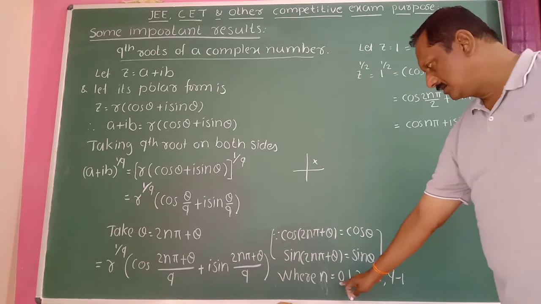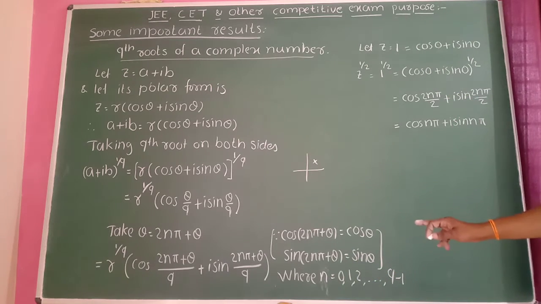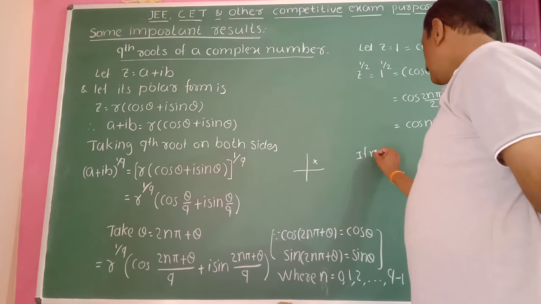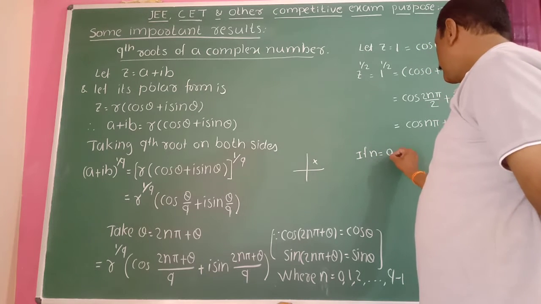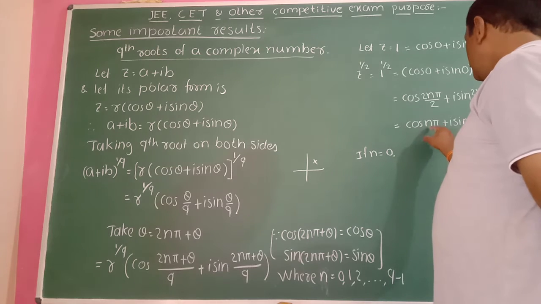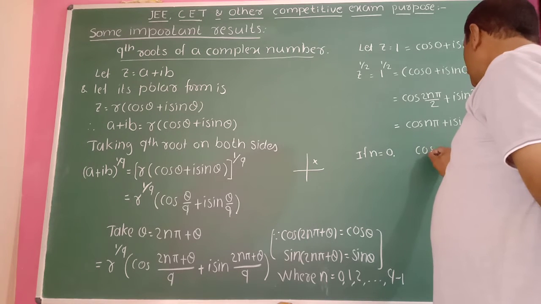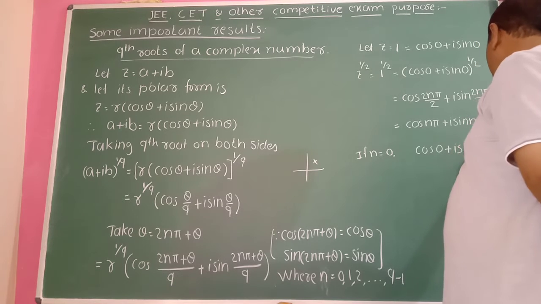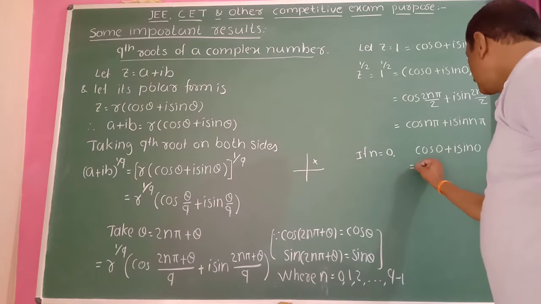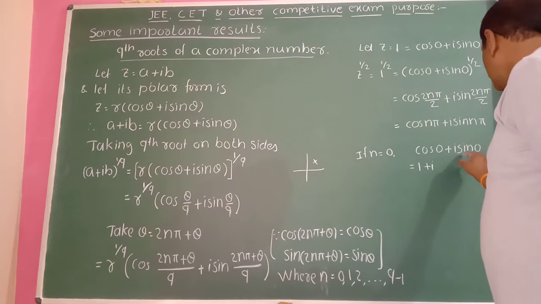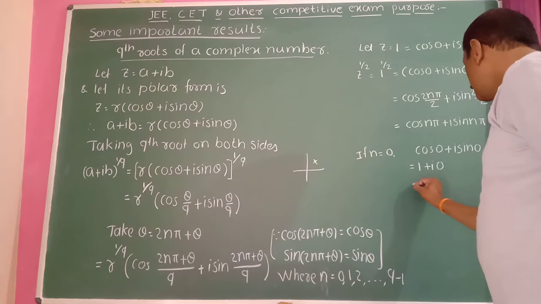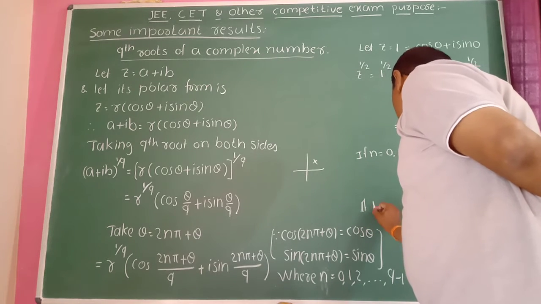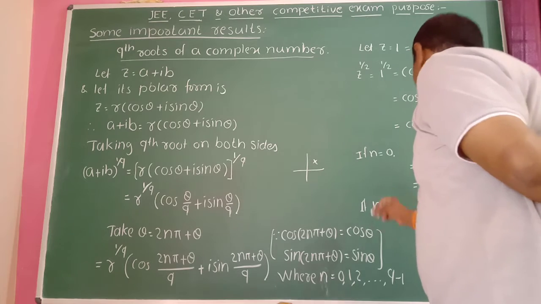According to this result, it has 2 roots, which means n equal to 0 or n equal to 1. So just take n equal to 0. If n is equal to 0, then this becomes cos 0 plus i sin of 0. Cos 0 value is 1, i into sin 0 is 0. So this is equal to 1 here. Similarly, put n equal to 1.